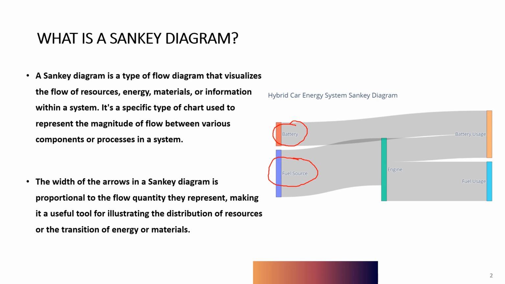And so if you want to understand, let's say, the contribution of each of these energy sources or the efficiency of, for instance, the battery and the fuel efficiency in a hybrid car, this Shanky diagram can give you a flow diagram of how the energy is being consumed within the hybrid car.